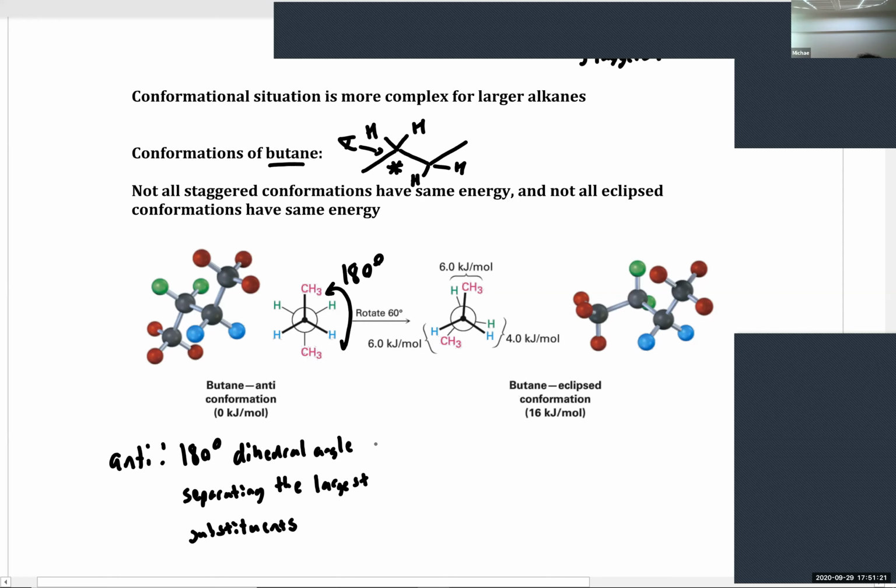And the anti-conformation is typically the lowest energy conformation. Why? Well, we have the least amount of interactions between our bulky substituents.